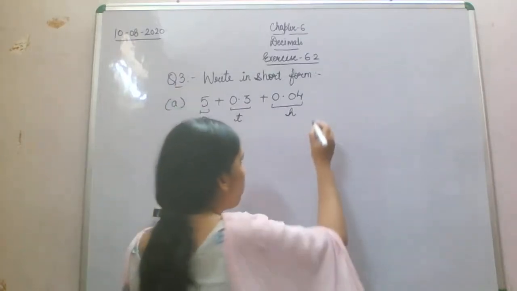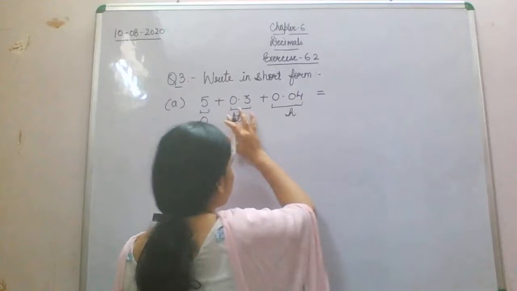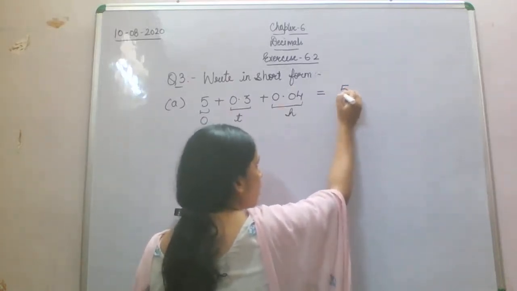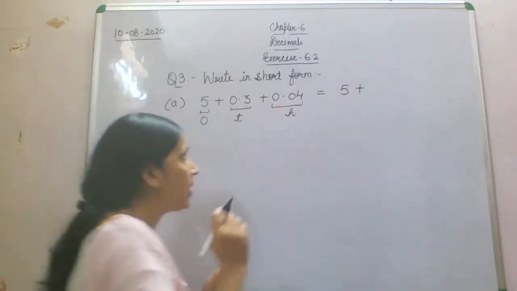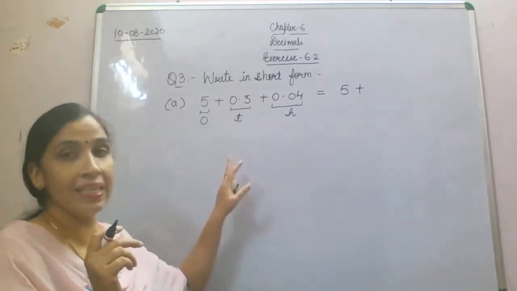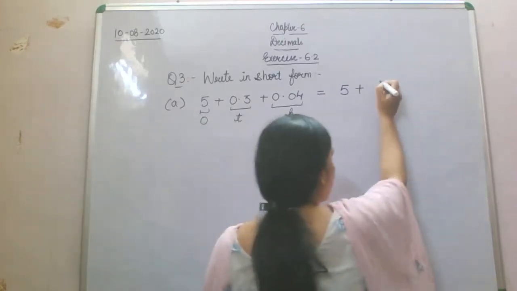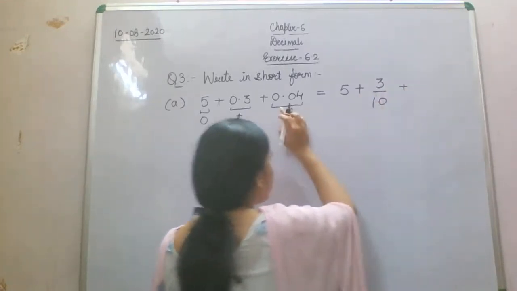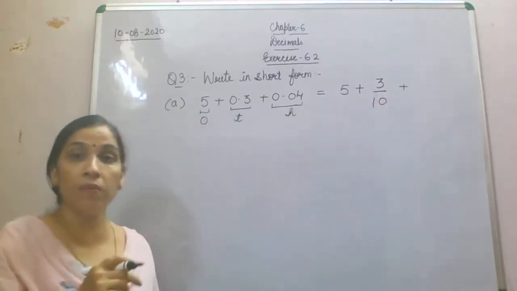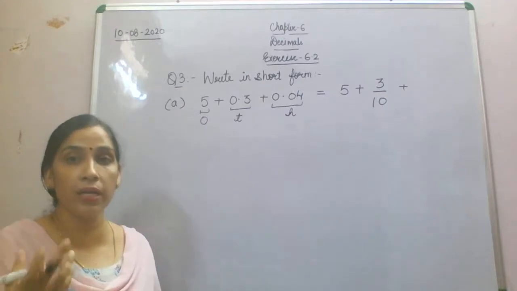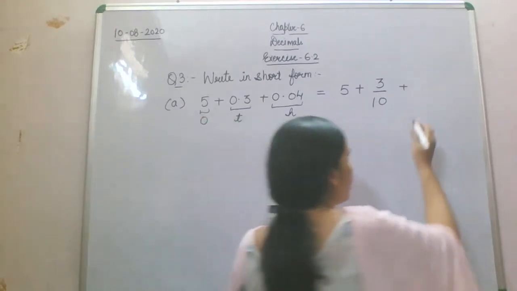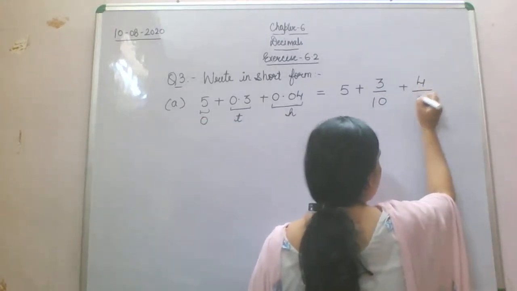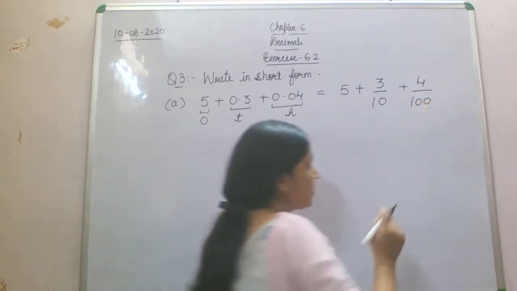Fine. Now what is the next step? In the next step, you will write the whole number as it is, and then 3/10, how are you going to write it in fraction form? 3/10. And this 0.04, or 4/100, how will you write it in fraction form? Like this.